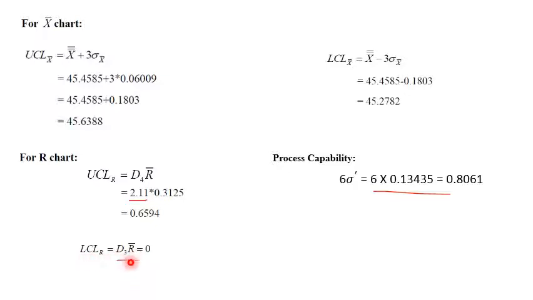So the lower control limit for R is equal to 0, and this is the process capability, that is 6 sigma or 6 sigma dash. All these values, the lower control limit, upper control limit and control limit, we are going to use to prepare the X bar chart and R chart.